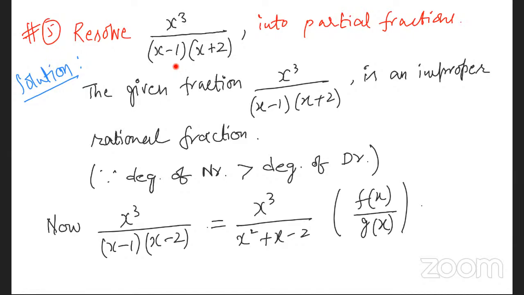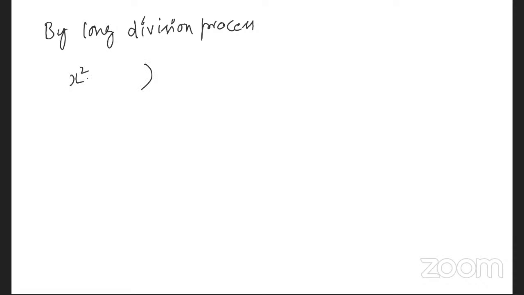So by the long division process, x square plus x minus 2 and x cube.